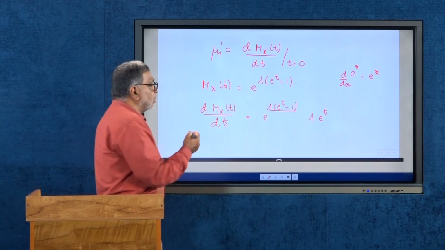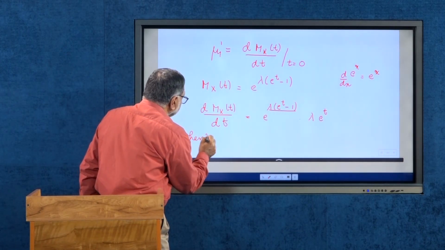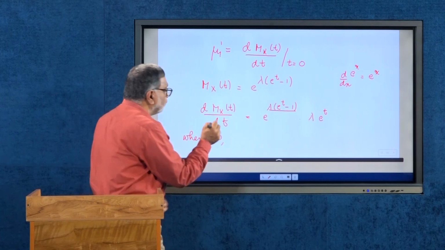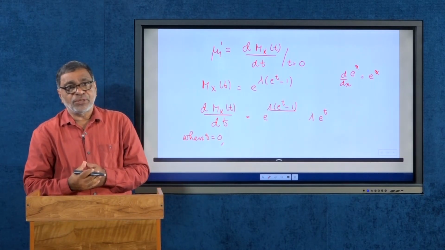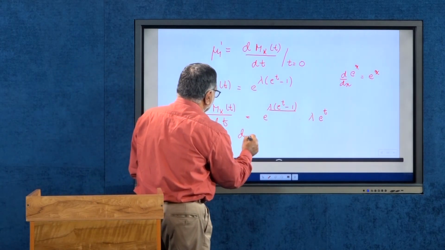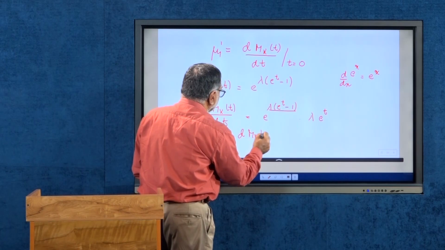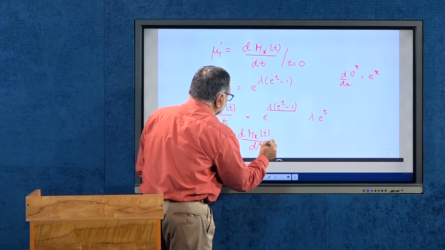What about this value when t is equal to 0? You just identify the value of the first derivative of the moment generating function when t is equal to 0.